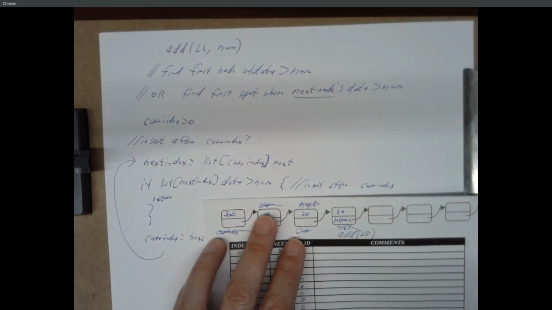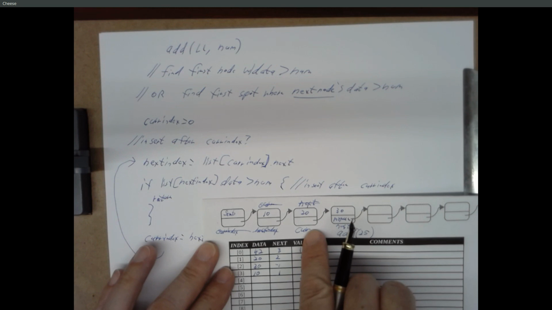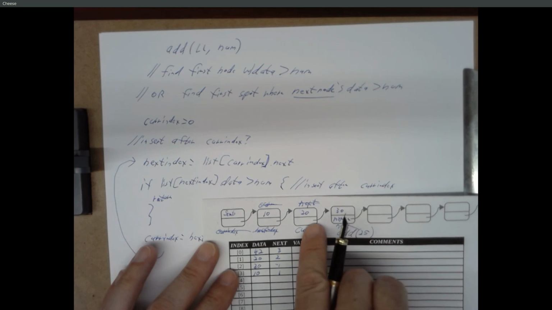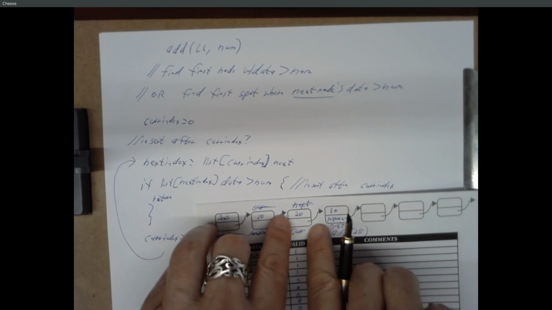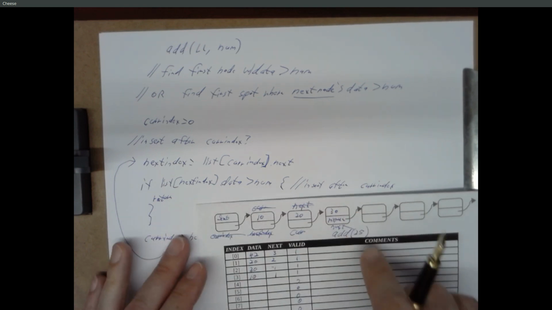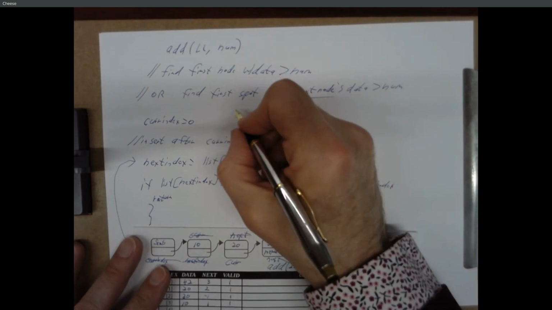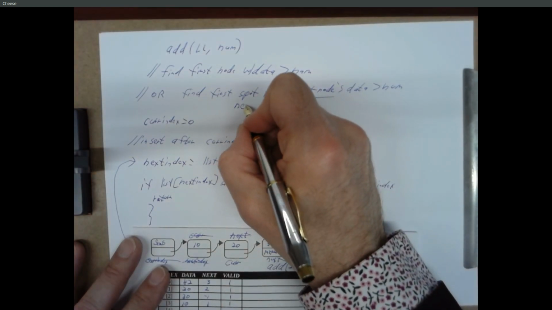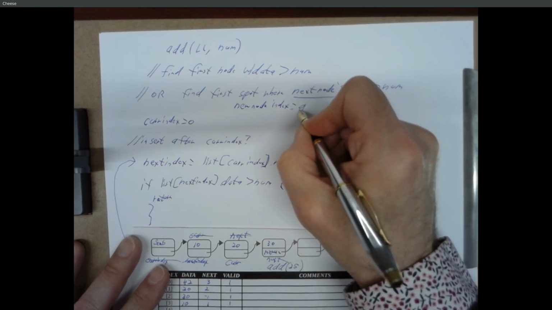So now you do the thing we've been doing with the pointers. Change list bracket current index dot next to be the index of this new node. And change this new node's next to be whatever next index is. And before we do any of this, we have to say new node index equals get node.